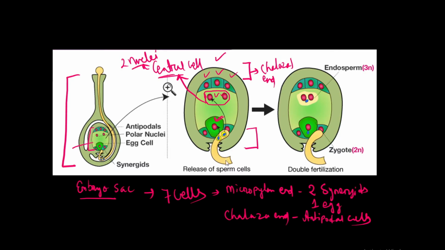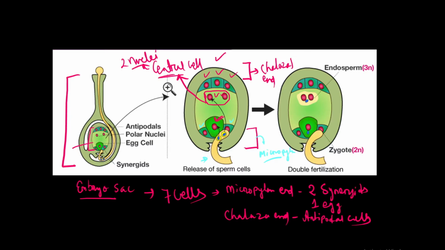Now after pollination, the pollen tube gets into the embryo sac through this region, which is called the micropylar region. These two synergids have a special apparatus called the filiform apparatus. What it does is guide the pollen tube into the embryo sac.